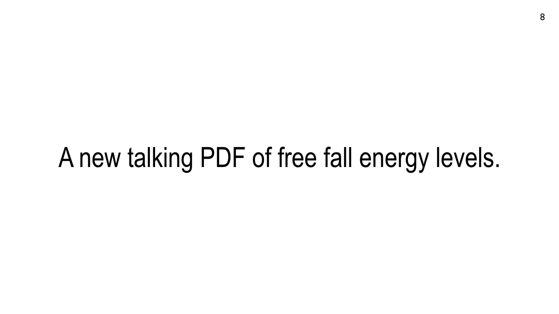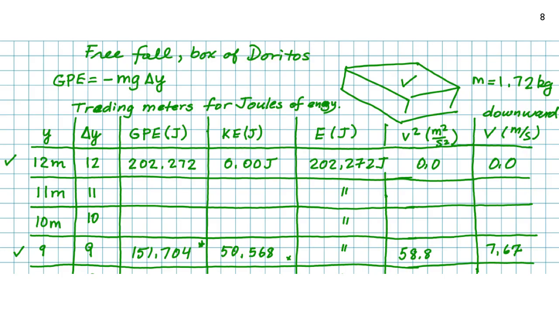I don't know if you guys took a look at it yet or not, but here's what it looks like. Here's the top 30%. It's basically a free fall energy table, plus it has the V squared column, which we didn't do the other day, but which I show you how to do in the talking PDF, and then the V column.